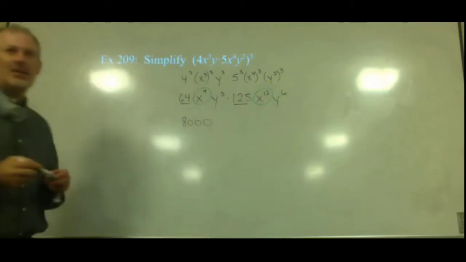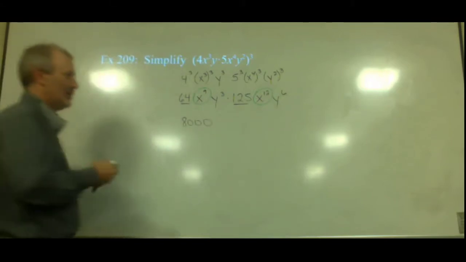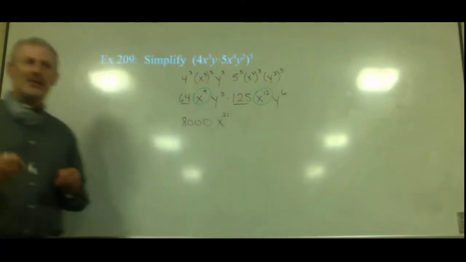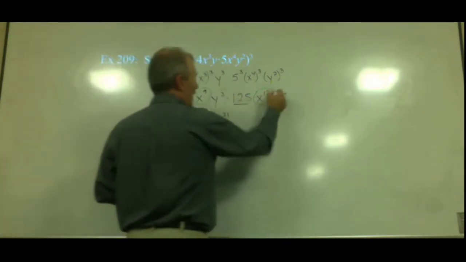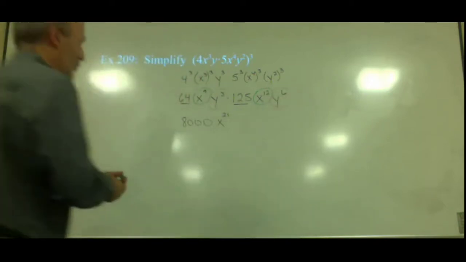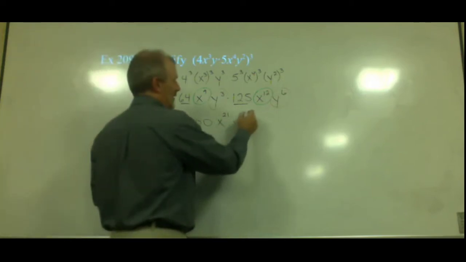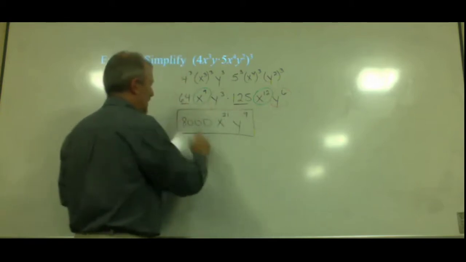What do we get when we combine them into just x to 1 power? X to the 21st, because our rule says we add them, correct? And then the last one is we've got y cubed and y to the 6th. And what do we get when we combine those? Y to the 9th. So this is our answer.